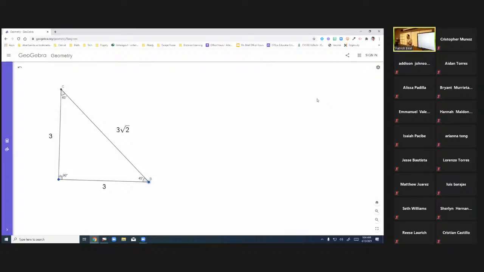What do you think will happen if I make the legs 5? If I make this bigger so that the legs are each 5 inches, how long will the hypotenuse be?